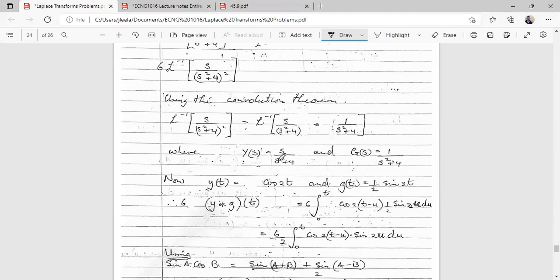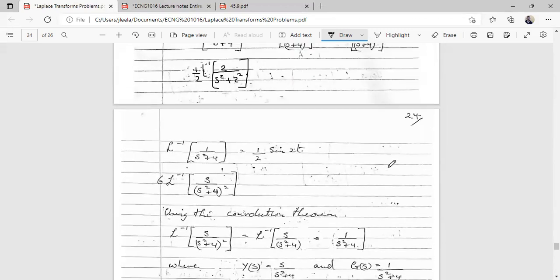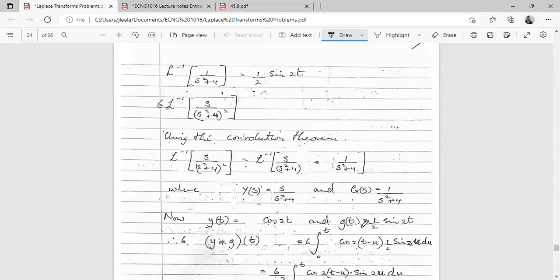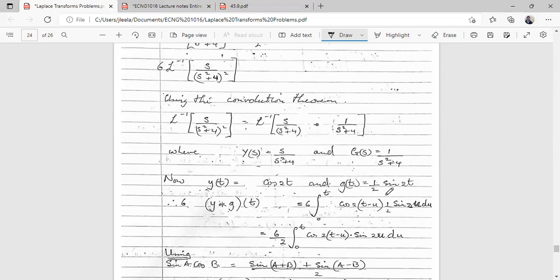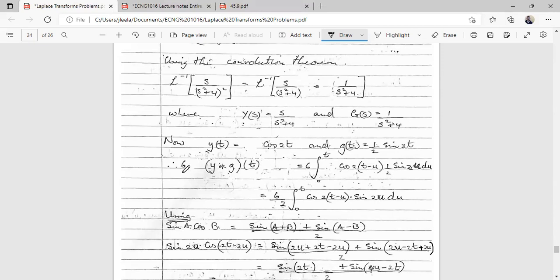So your Y(s) is s over s squared plus 4, and your G(s) is 1 over s squared plus 4. Of course, your inverse Laplace of Y(s), which is y(t), for this first function in your product, would be cos 2t. And the inverse for this one is what we got initially, so your g(t) is a half sine 2t. Right? And this is how the theorem is applied here.